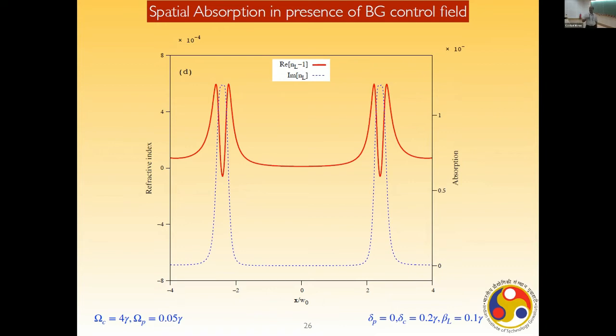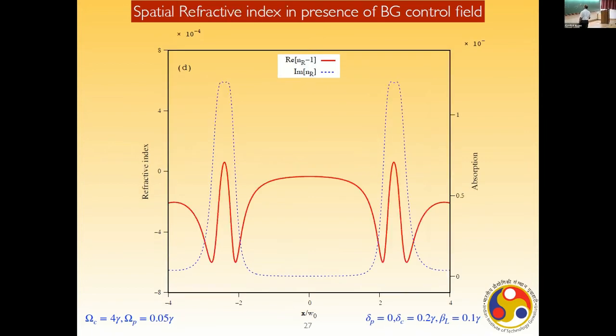So again, you have to manipulate in such a way that you choose the parameter of the control field so that both components see the center as a core and the wings as the cladding. If you meet this criterion, then you propagate the beam without any diffraction.